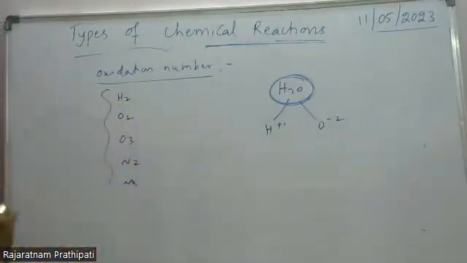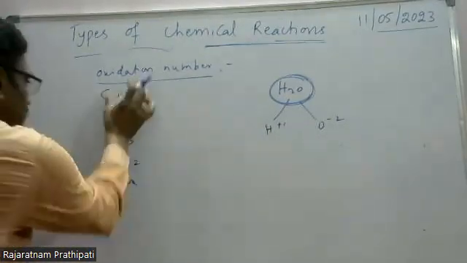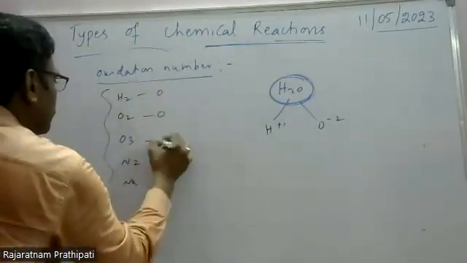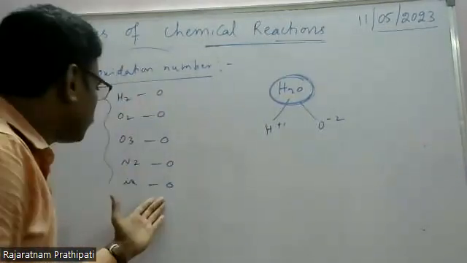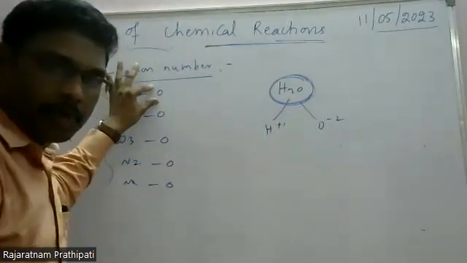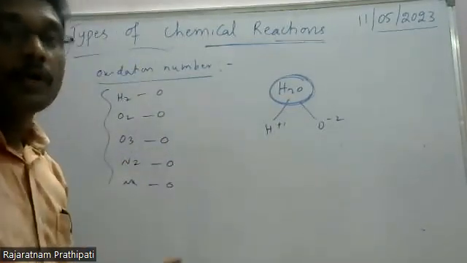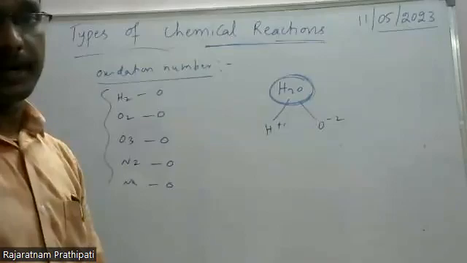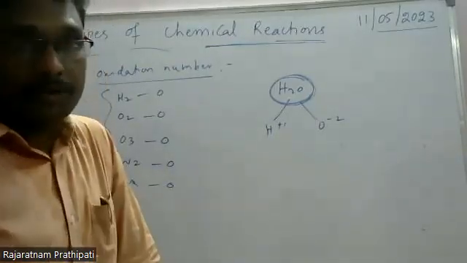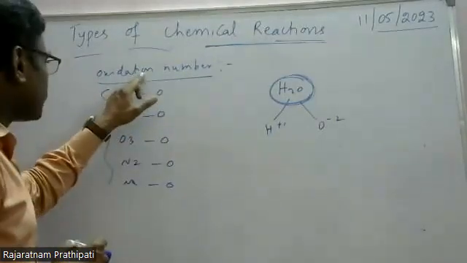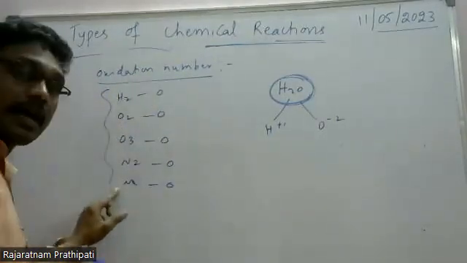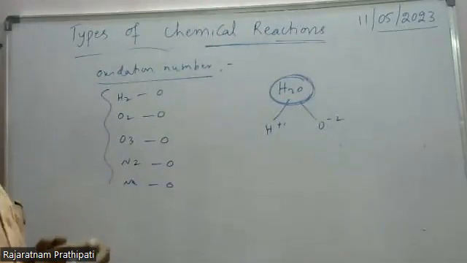These are all elements, and elements always have 0. What is the reason? In elementary form, there is no change in the number of electrons and there is no charge. That's why the oxidation number of any element in the elementary form is 0.